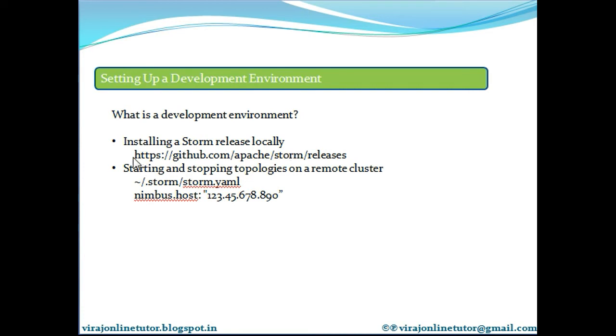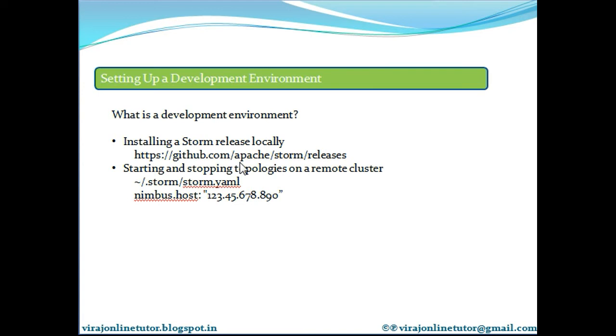Now I have mentioned here a link which has all the Storm stable releases. You can download the latest stable Storm release on your machine. You can unzip that particular release, and there will be a bin folder after you unzip.